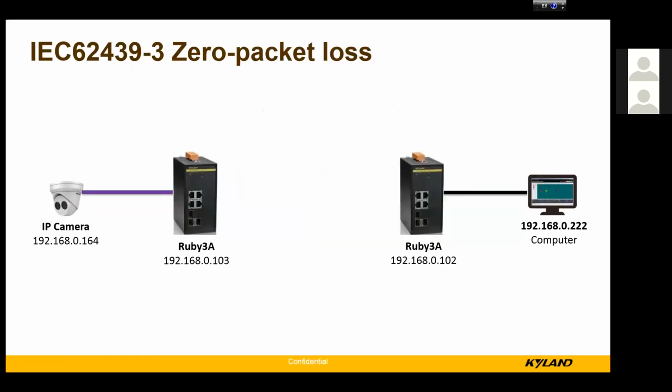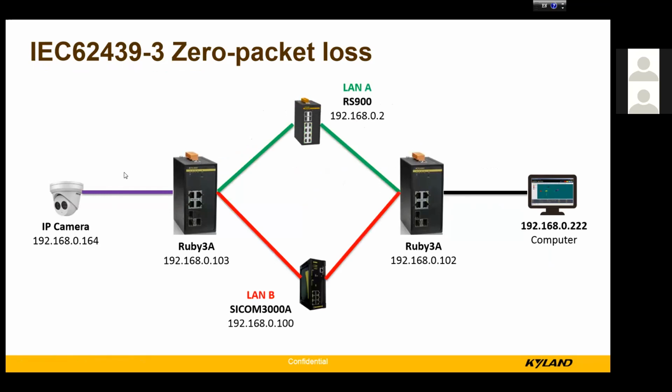And this is another highlight of the KYLAND switch. We have supported IEC 62439 zero packet loss PRP and HSR protocols. And in this demo, you can see that we use the computer to check the real-time video on the IP camera. The camera and the computer are connected on the interlink port.